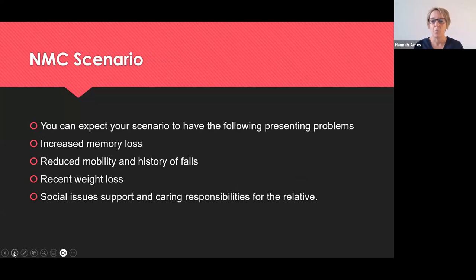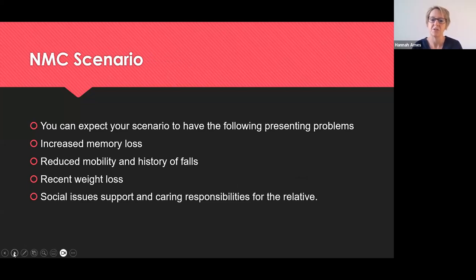So key common things that come up in the NMC scenario and things you could expect to have is obviously increased memory loss, reduced mobility and maybe a history of falls. There might be some recent weight loss as well. So the patient might be having a reduced appetite, or maybe not remembering how to prepare meals correctly, or not remembering to finish their full meals.